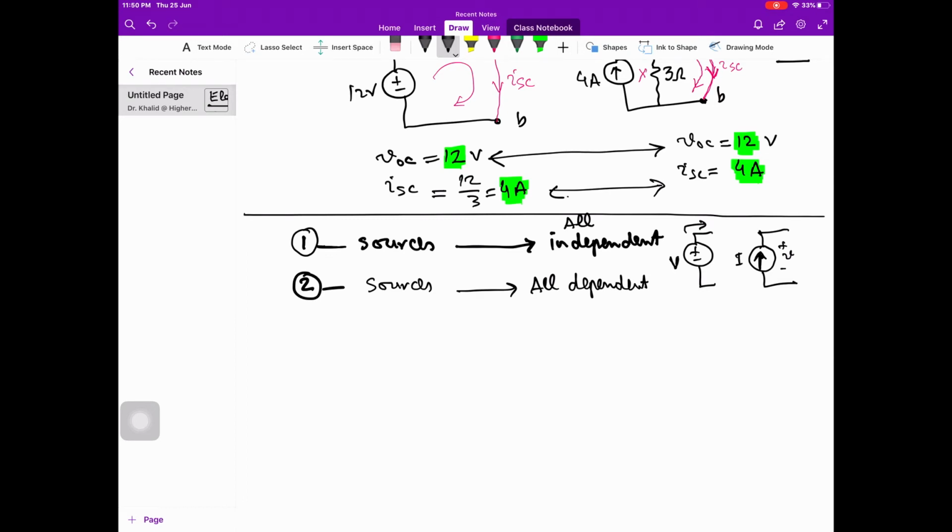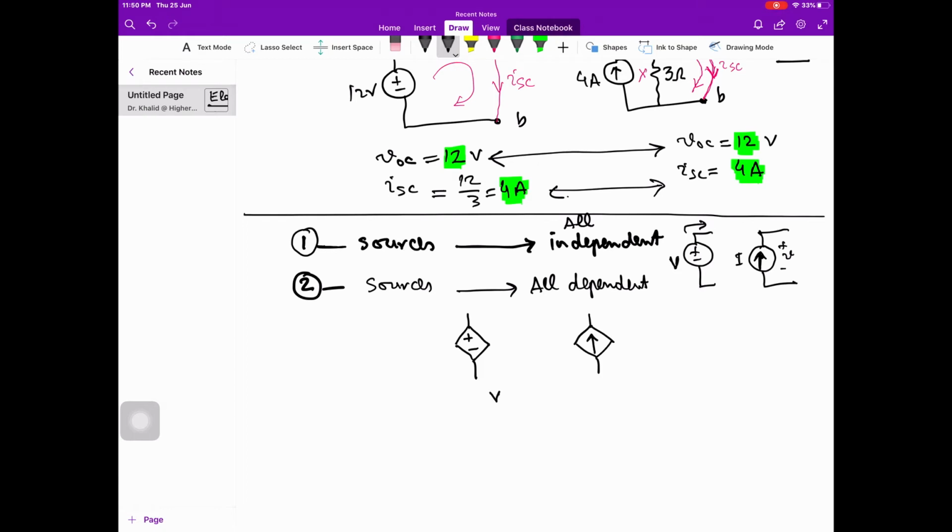For a dependent voltage source and current source, we use this symbol. The symbol is the same for the dependent voltage source and current source, and if we show the polarity, it is a dependent voltage source, and if we show an arrow, it is a dependent current source.